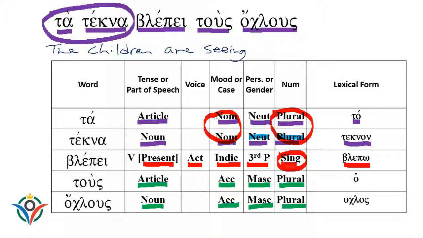Who are they seeing? The crowds. All right, so seeing is a transitive verb and it requires a direct object. So our direct object in the accusative case is the crowds. The children are seeing the crowds.